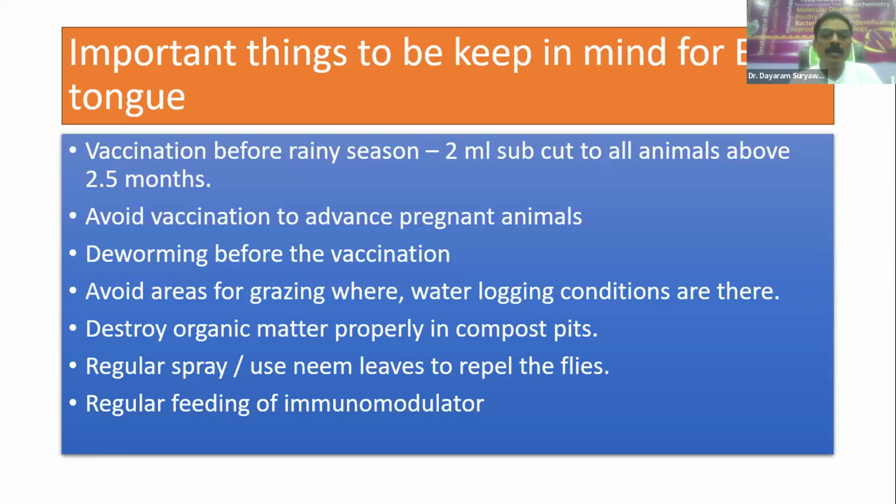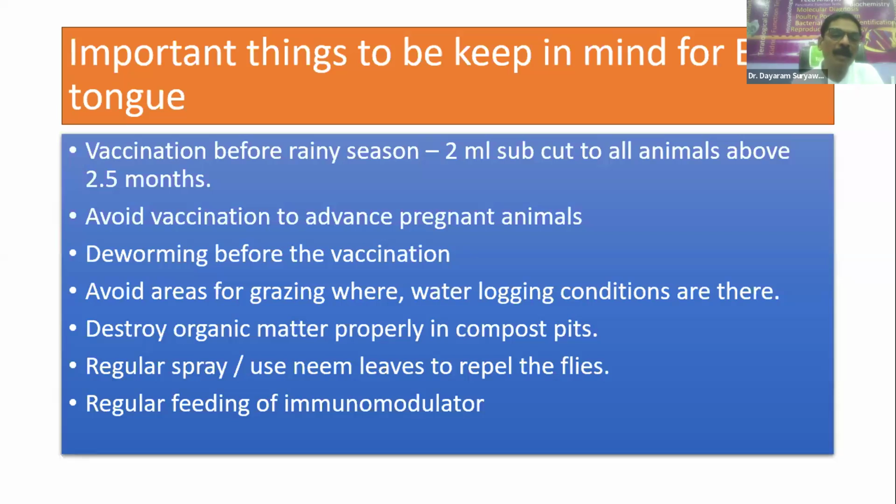Then avoid grazing in areas where waterlogging conditions are there. Farmers who graze their animals should avoid grazing around waterlogged areas. Then destroy the organic matter properly in a compost pit. In organized sheep and goat farms, they should dispose of whatever organic material is there very properly in a compost pit.